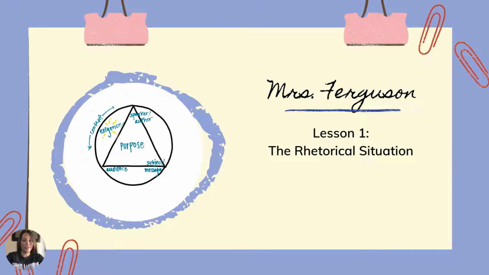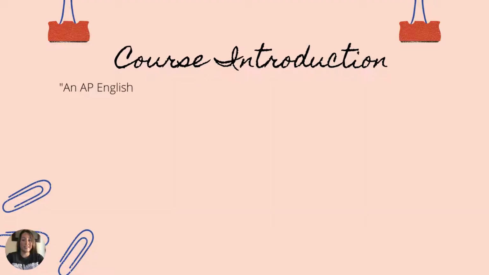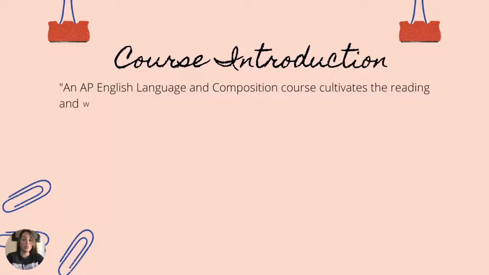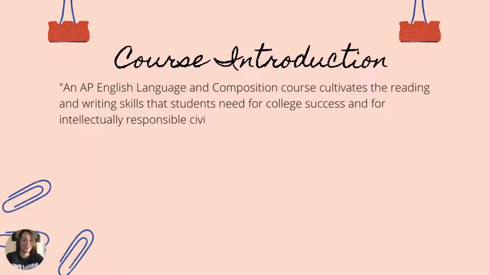Before we get started on Lesson 1, here is a brief description provided by the College Board. In the introduction to the course framework, it states, an AP English Language and Composition course cultivates the reading and writing skills that students need for college success and for intellectually responsive civic engagement.